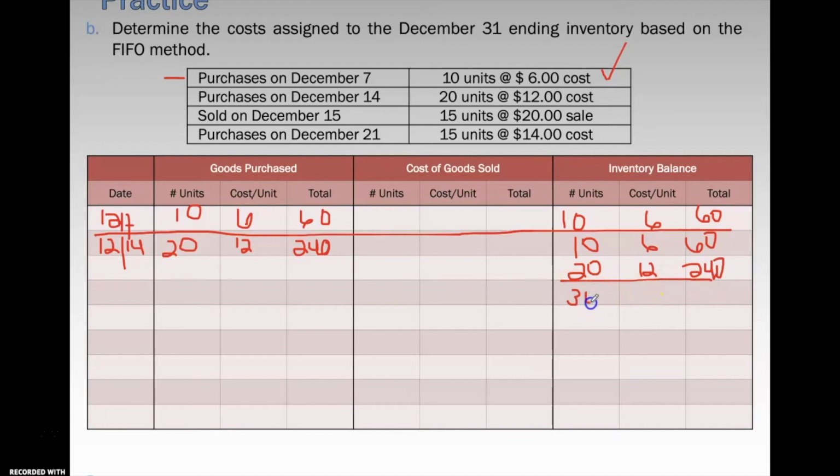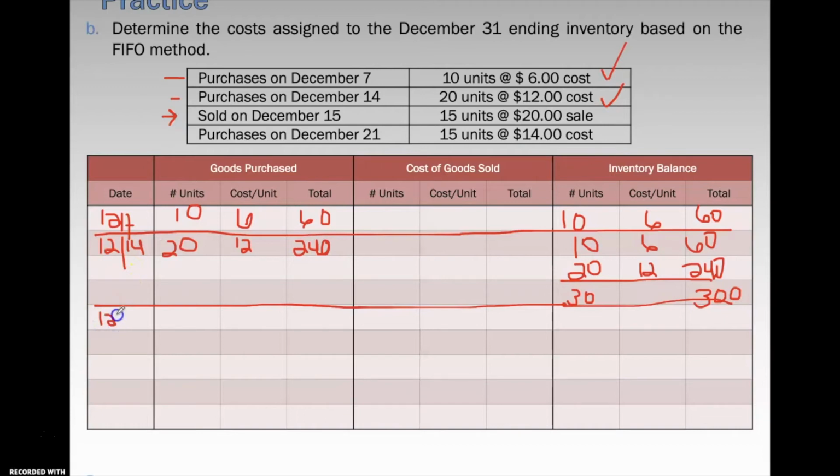Like I said, we don't really need to put that part in, but we will later. So this is good to start doing that now. Cost $300. So these first three lines are exactly the same as part A. It's going to start changing now when we get to the actual sale.